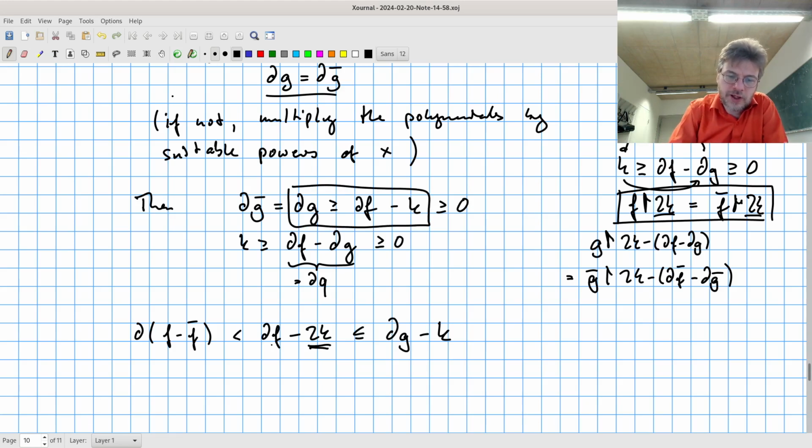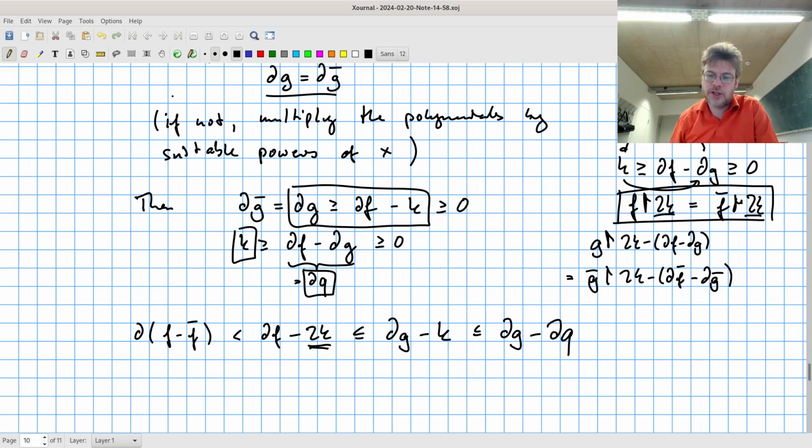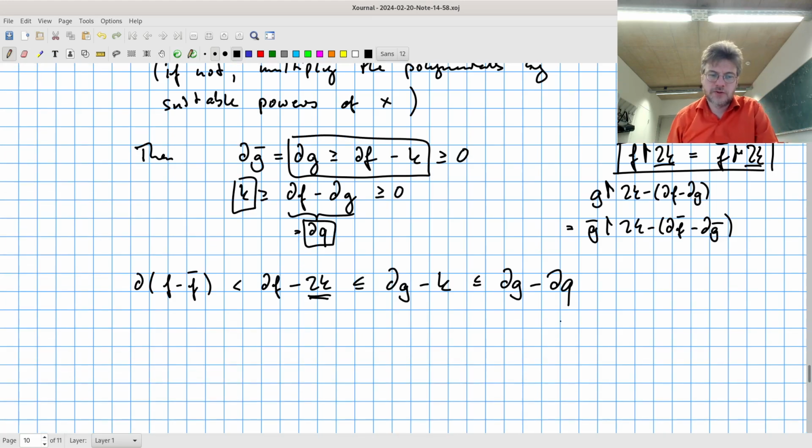So I have degree f minus k minus k. Degree f minus k gives this one, and the other k remains here. But then this one is less than or equal to the degree of g minus the degree of q, because here we said that the k is at least the degree of q. So if I say minus k, then it becomes at most the degree of minus q. That's the first thing.